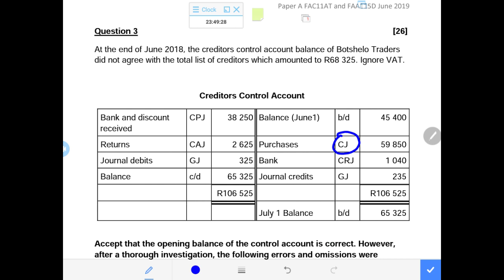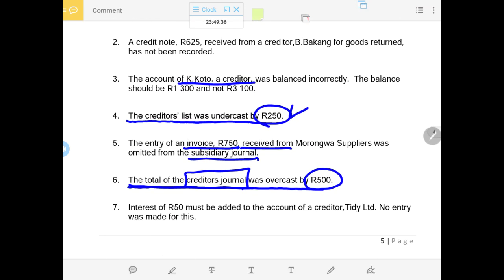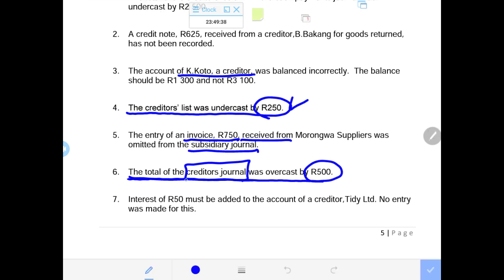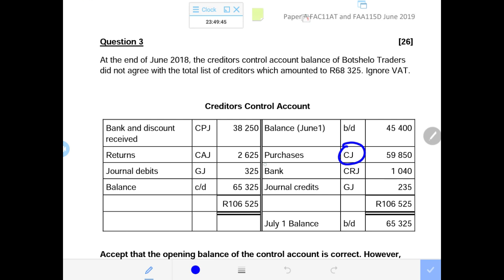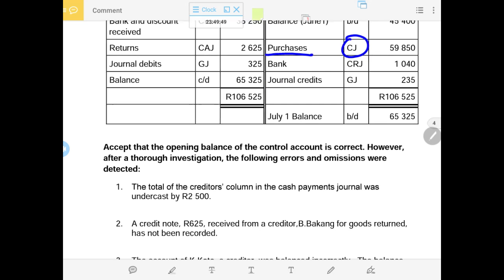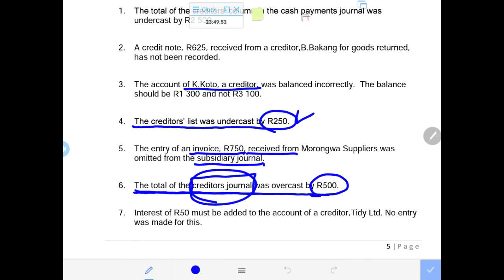Remember, under the creditors control column in the creditors journal, that's where we buy on credit. And in the ledger account, what do we name that? We name it purchases. So now we need to adjust this because they say it was overcasted by 500 rands.